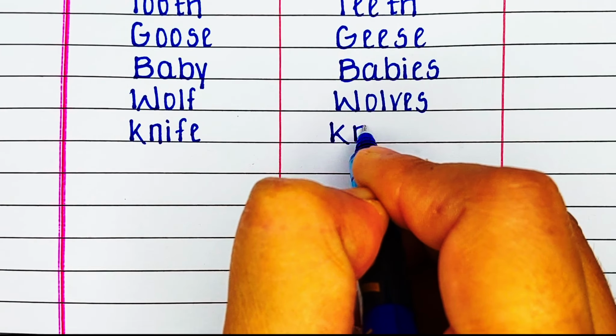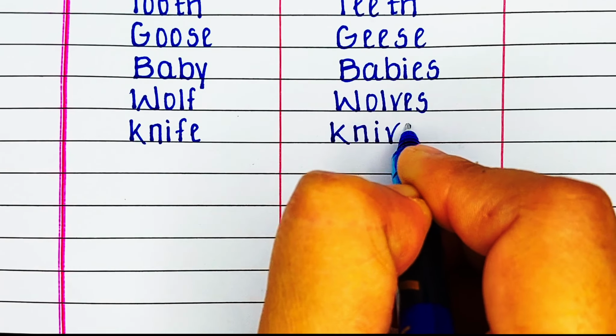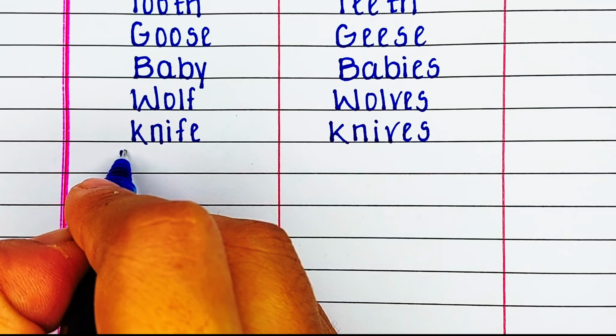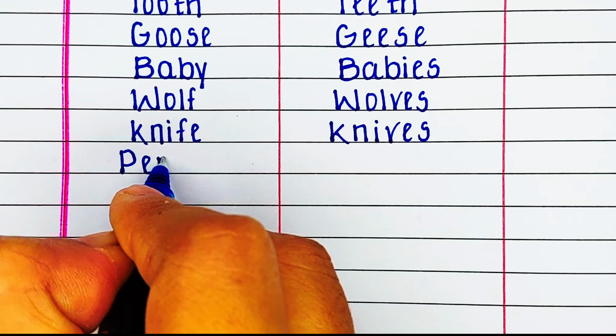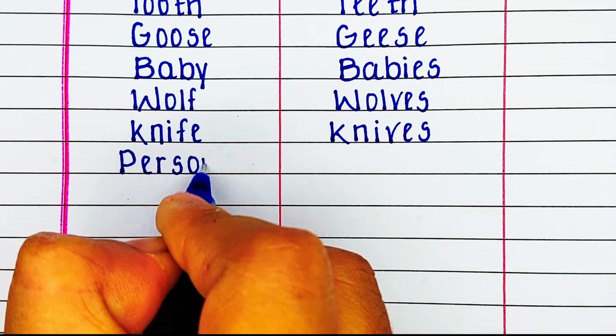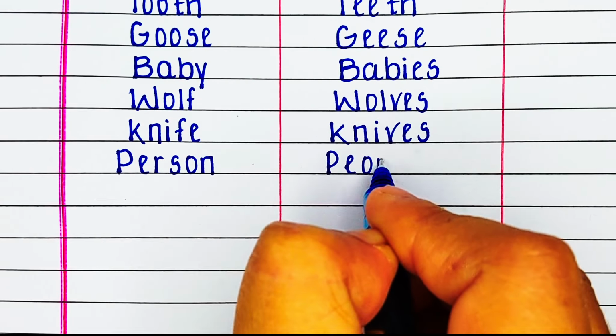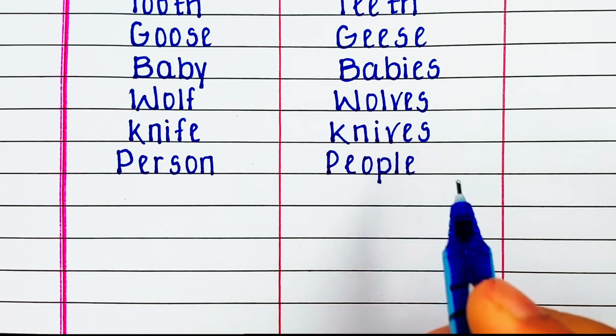Next word is knife. The plural of the word knife is knives. Next word is person. The plural of the word person is people.